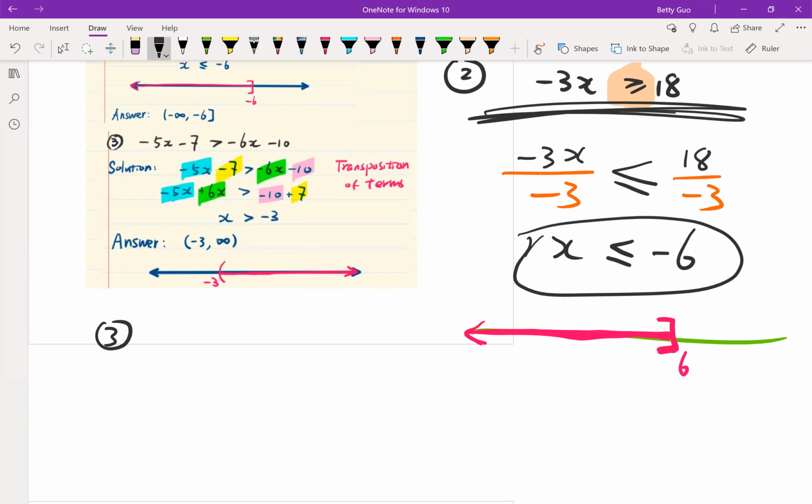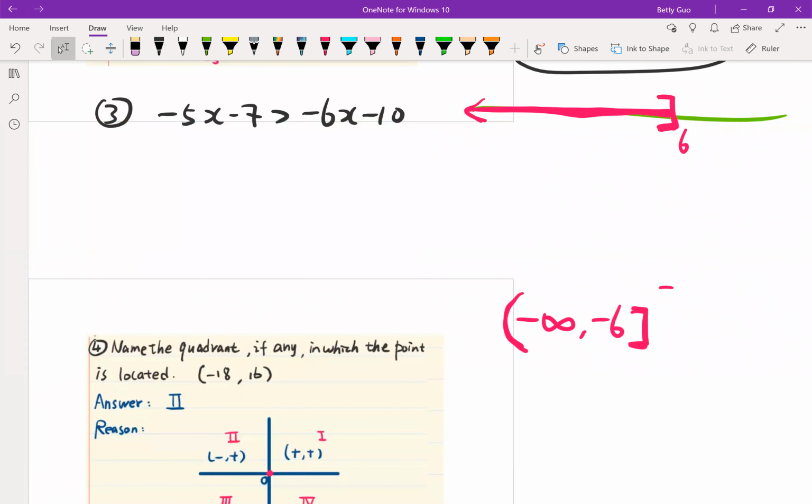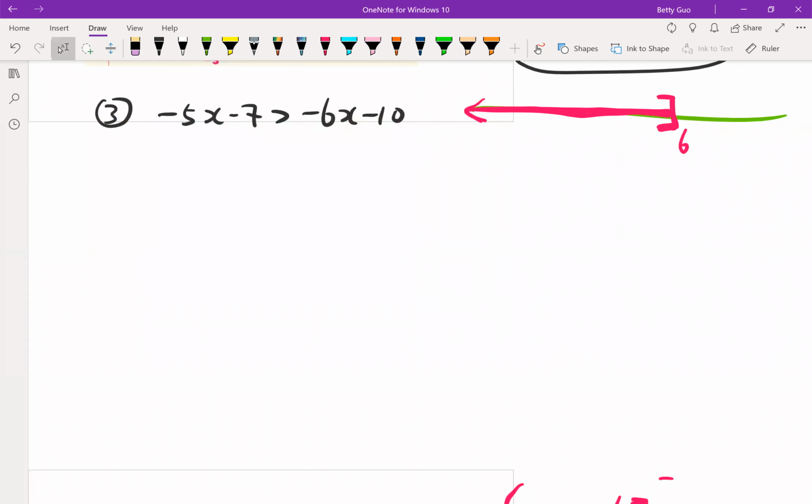Number 3, we need to solve an inequality: -5x minus 7 is bigger than -6x minus 10. How many terms in the inequality? 4, 2 on the left, 2 on the right.